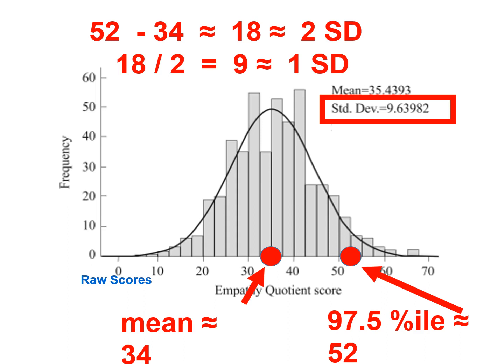So 18 is equal to 2 standard deviations. When we divide 18 by 2, we get 9, which is equal to 1 standard deviation. And that tells us approximately the standard deviation of the population.